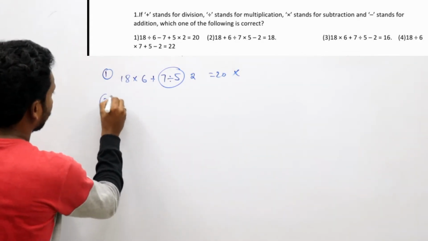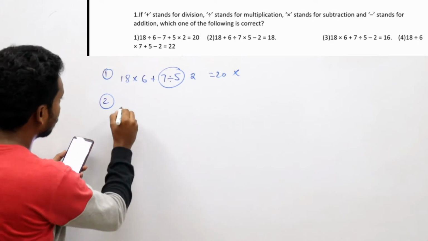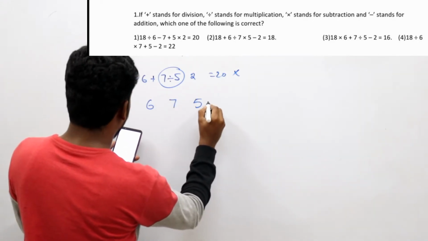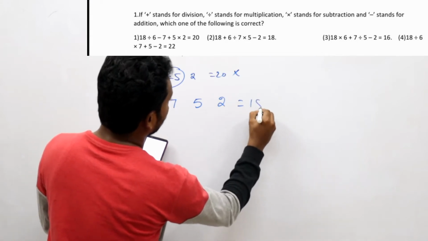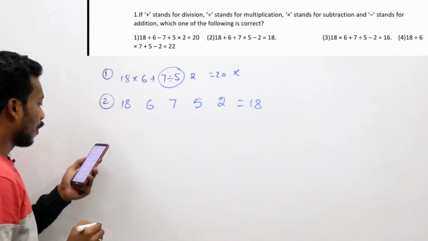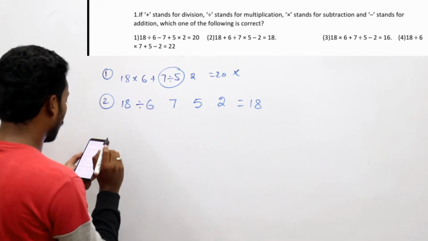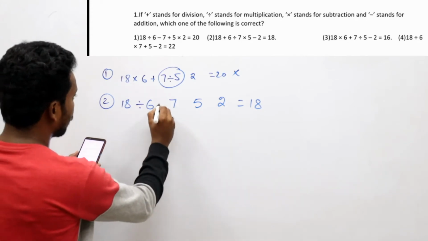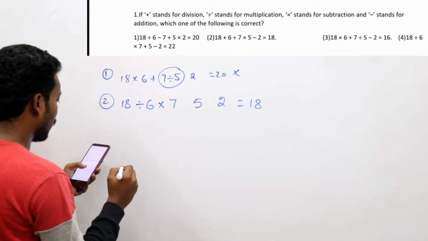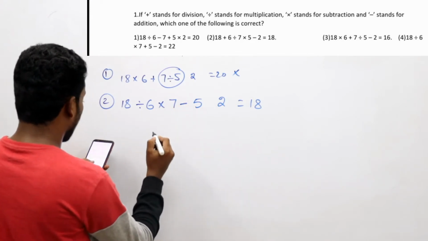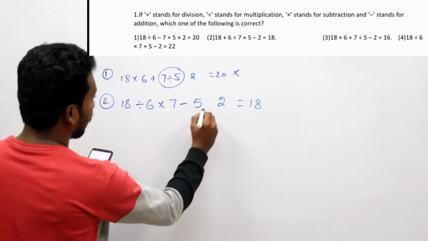Next. What about the second one? Same, 18, 6, 7, 5, 2 is equal to 18. Now plus stands for division. Next, division stands for multiplication, multiplication stands for subtraction, and minus stands for addition.